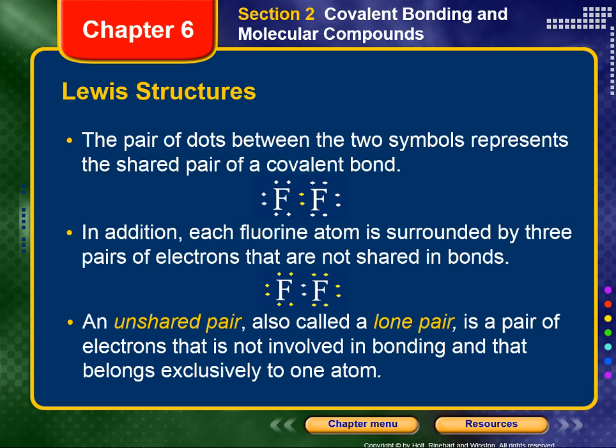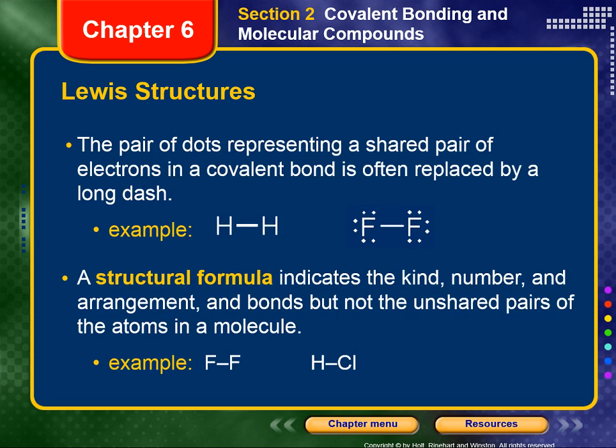In addition, each fluorine atom is surrounded by 3 pairs of electrons that are not shared in bonds. An unshared pair, also called a lone pair, is a pair of electrons that is not involved in bonding and that belongs exclusively to one atom. The pair of dots representing a shared pair of electrons in a covalent bond is often replaced by a long dash.